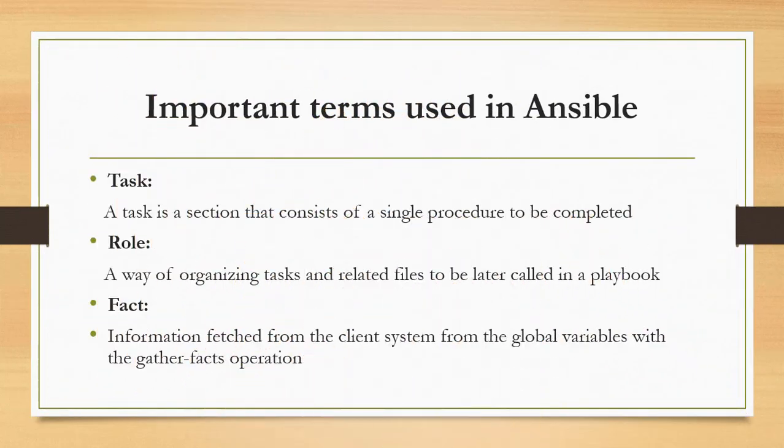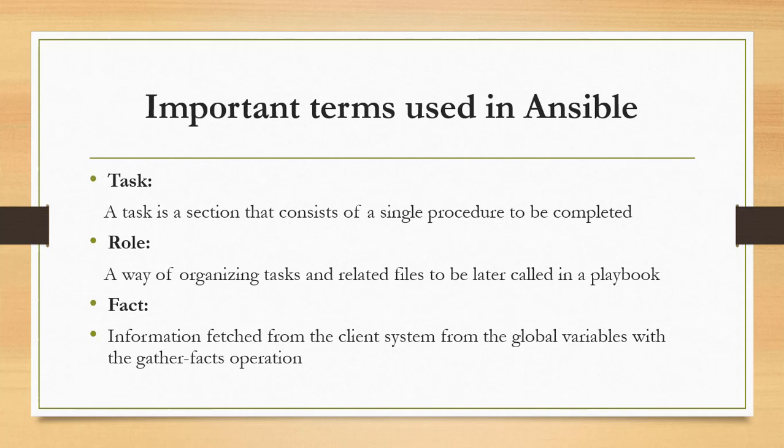Important terms used in Ansible, part 2. That's task. A task is a section that consists of a single procedure to be completed. Then roles, a way of organizing tasks and related files to be called later in Ansible.